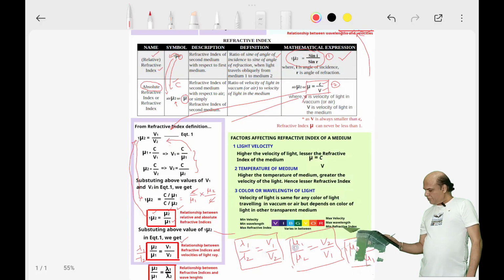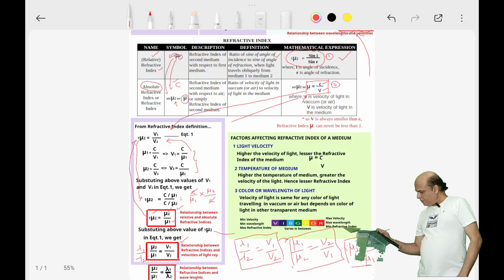Using these two, you can also derive a relationship between lambda and refractive index. I don't have space here, so I'll write it here. So lambda 1 by lambda 2 is equal to mu2 by mu1. So this is also one.